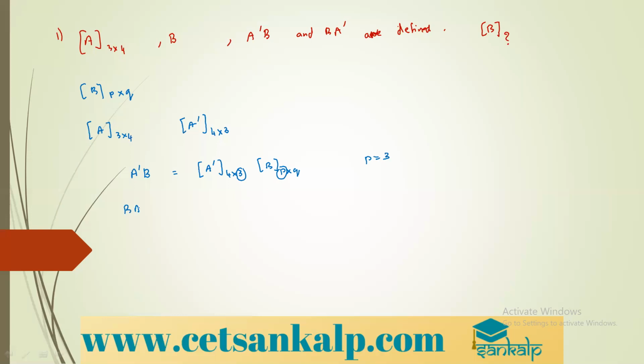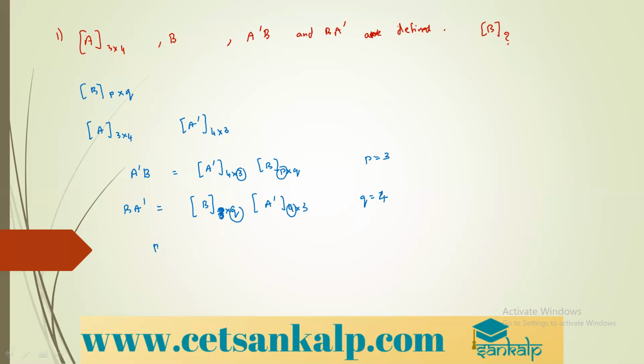Next, BA dash is defined. That means when I multiply B of order P by Q, of course P I got as 3, and A dash of order 4 by 3, then Q must be 4.